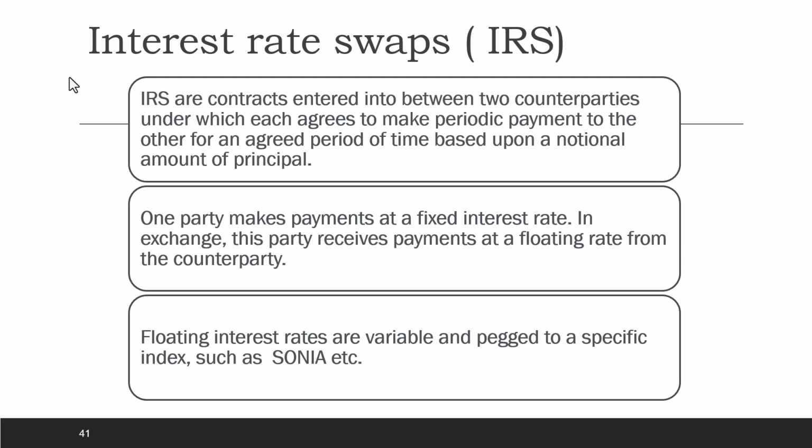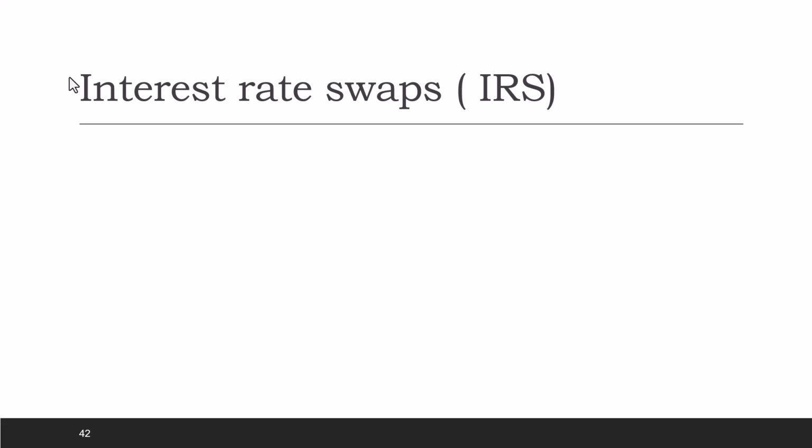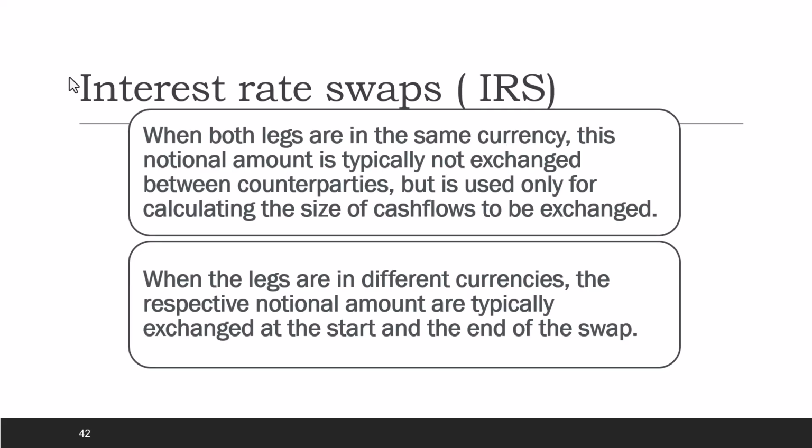Floating interest rates are variable and fixed to a specific index, such as SONIA. SONIA is the rate which is prevailing now in England. So the floating rate is determined now. Instead of LIBOR, we have SONIA there, which is called the Sterling Overnight Index Average. Just read.